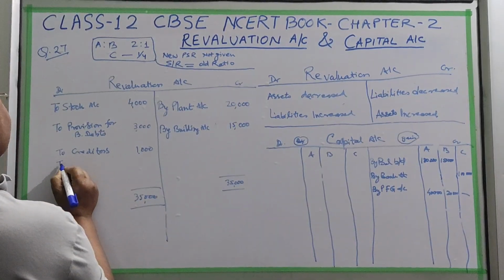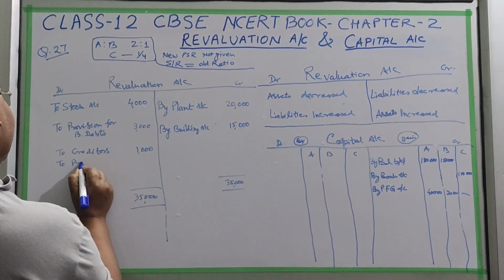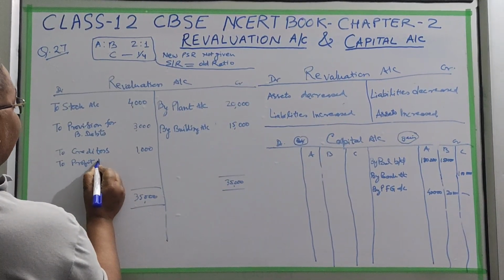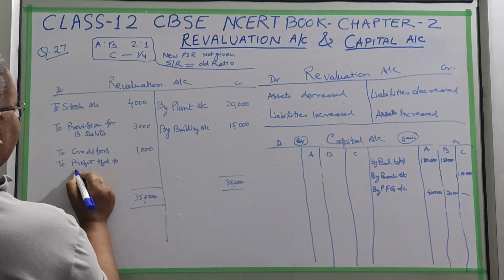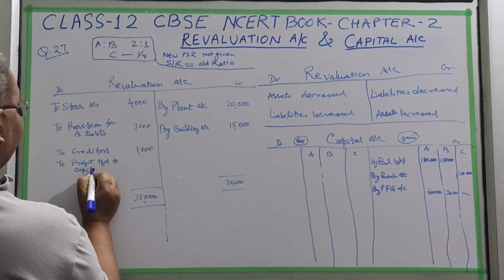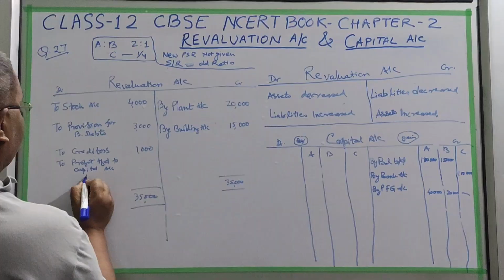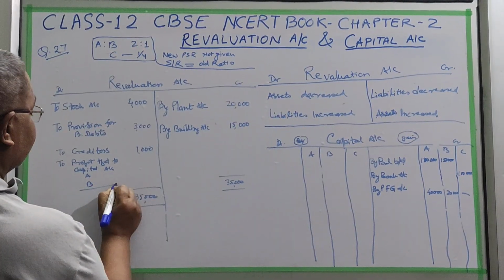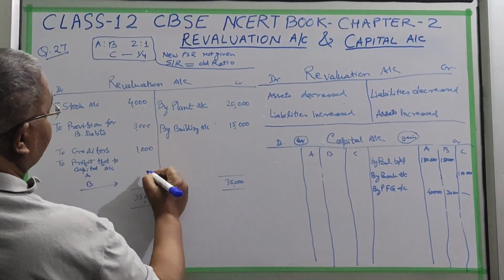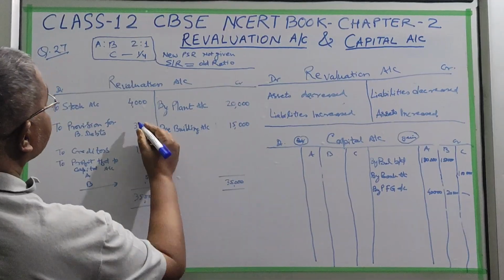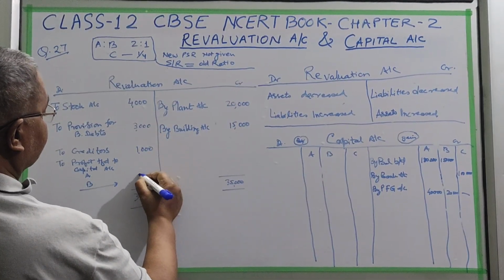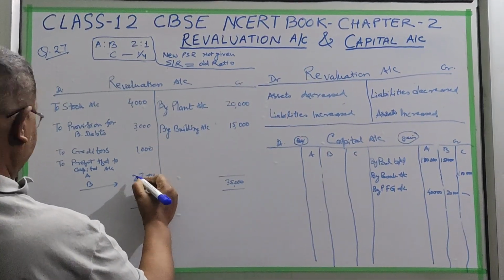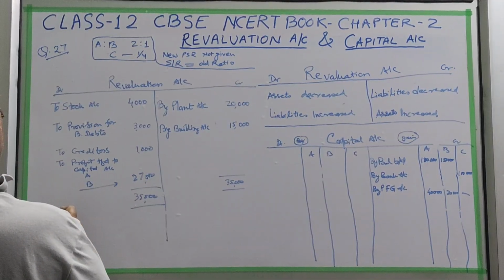And whatever the answer is, it will be profit transferred to the capital account, to the capital account of A and B, and this total will go outside. 27,000.